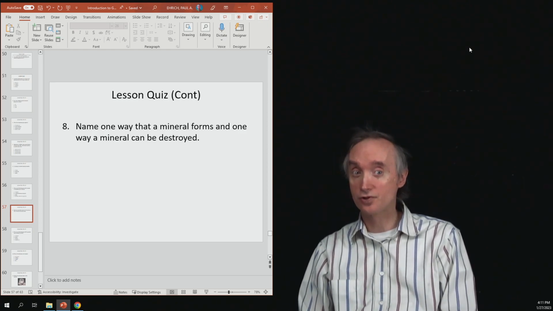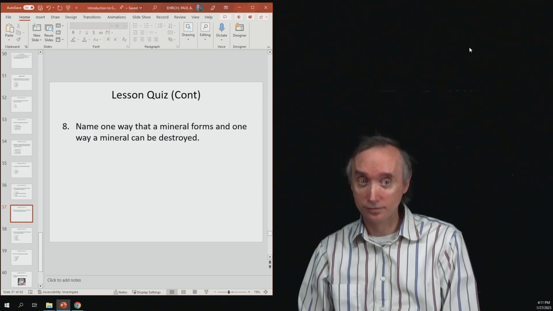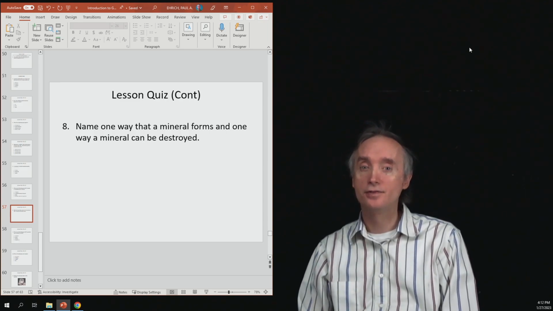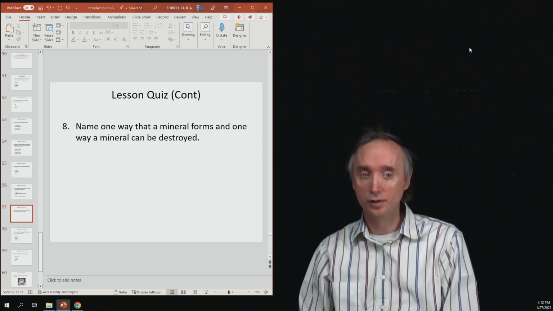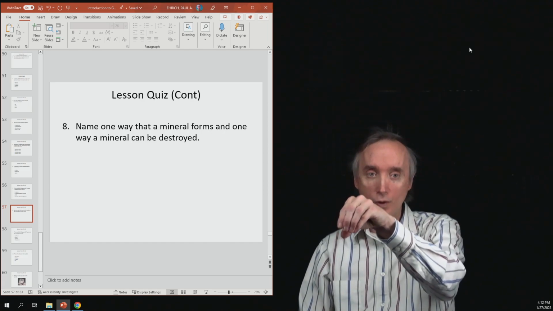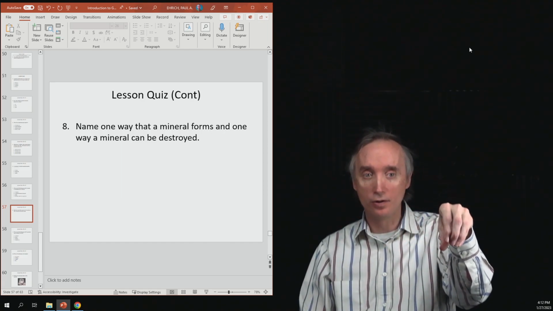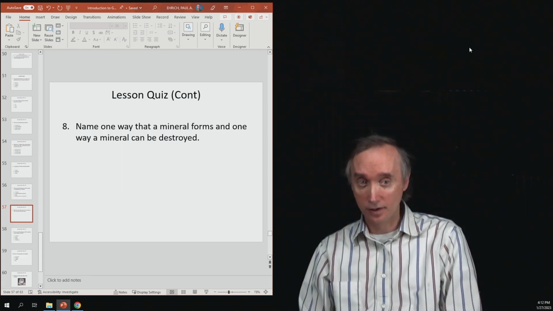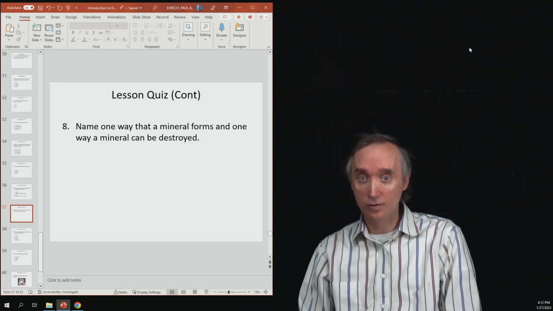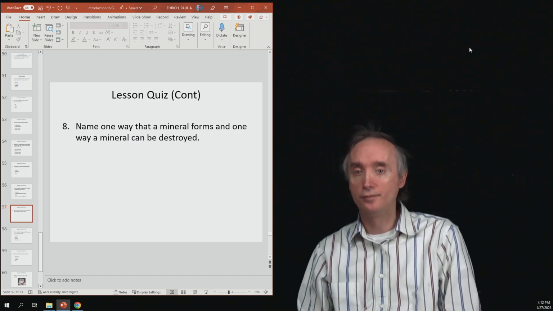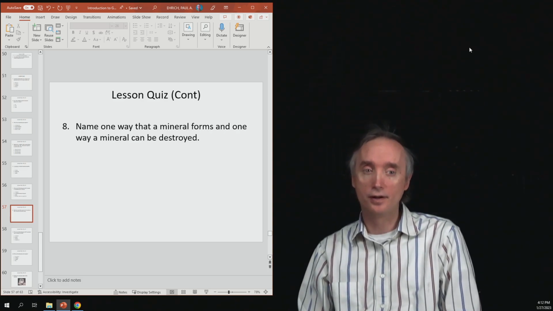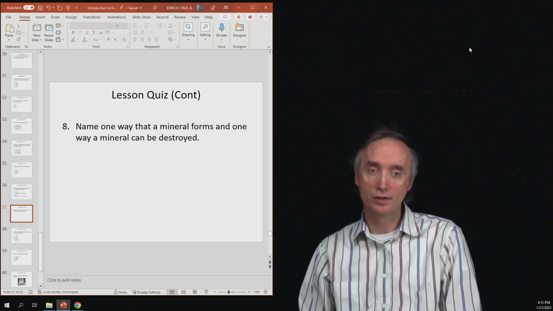Another way of destroying one was biological. So another way of making one was called diffusion, where the atoms would move from one atom to the next, and that would alter the internal structure of the mineral. So go back to that one slide that talked about how minerals can be created and how minerals can be destroyed.